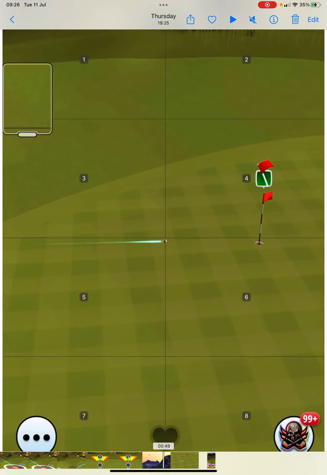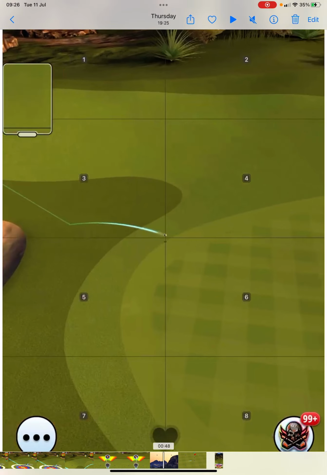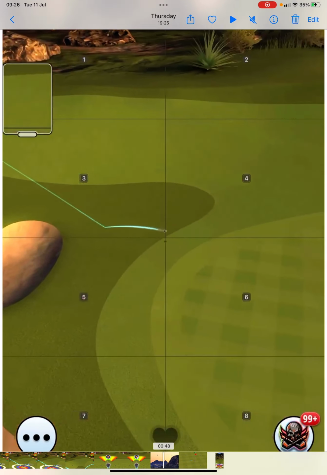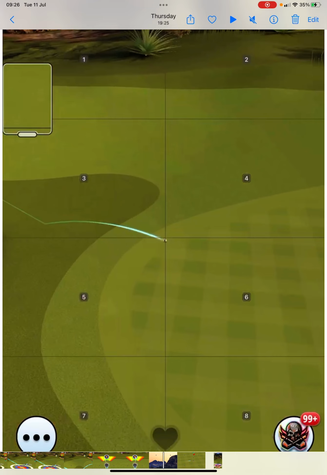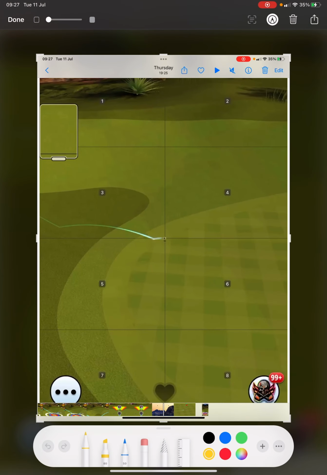So before we found the underpower tweaks, what would be happening was it would be bouncing, second bounce, middle of the fringe maybe, and then the third bounce something like there, and then there, and then coming into the right of the hole, whereas this ball is coming in there.